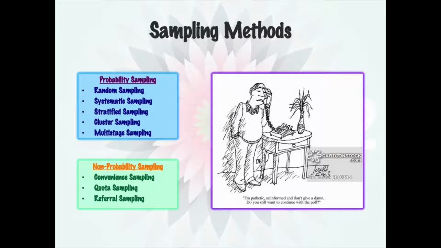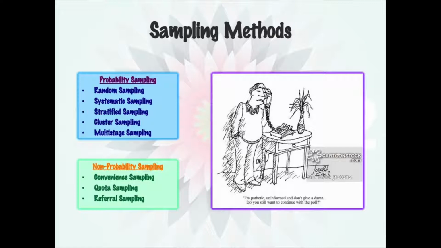Then there are also non-probability sampling methods, and these make it impossible to specify the probability of selecting any one individual, unfortunately. So the sample may or may not be truly representative of the population. The reason that this is allowable in hypothesis testing is that the point of our study is not really to describe the population to an exact T, but instead it intends to test a theory.